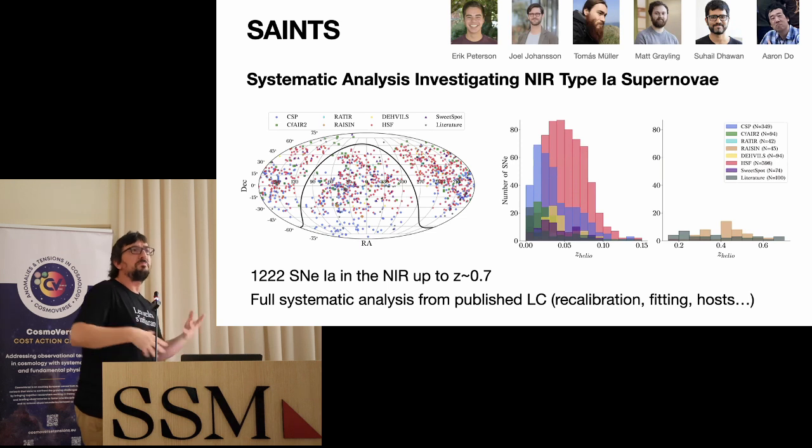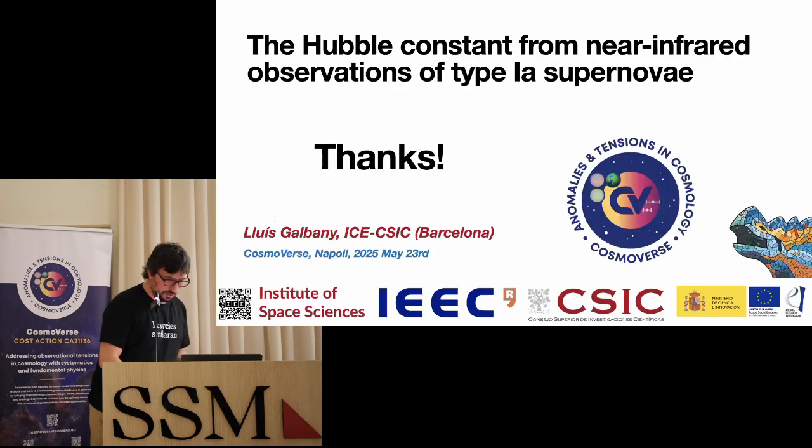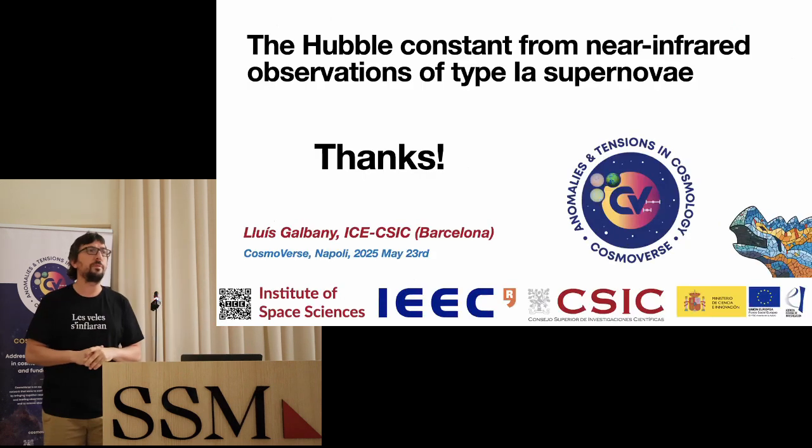The idea is to do something like Pantheon Plus, but in the near infrared. We will then have different focused studies of several things, including one H0 measurement with all this data. So I think that's my last slide. Thank you very much.